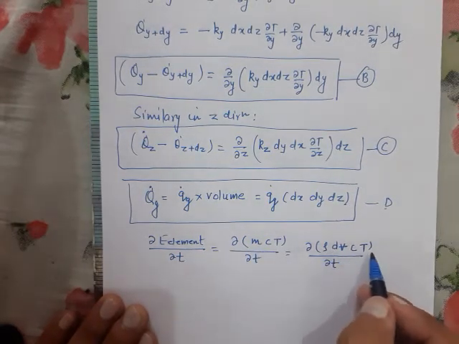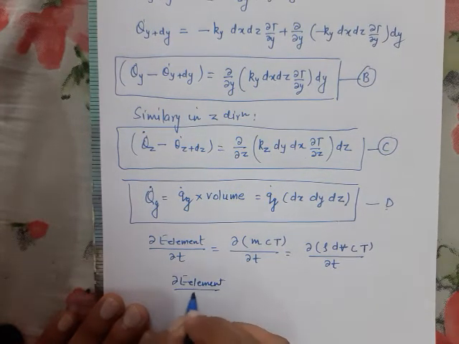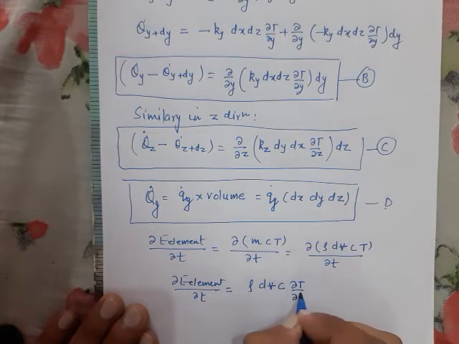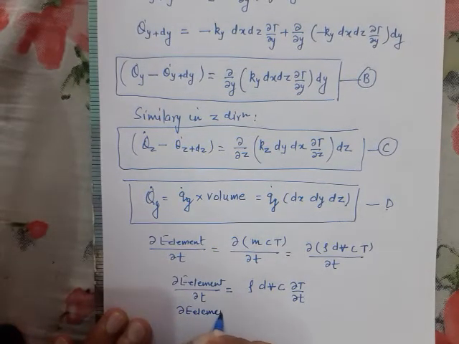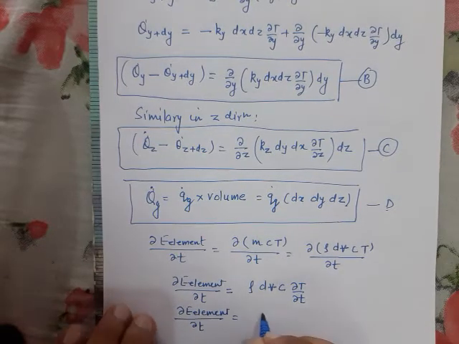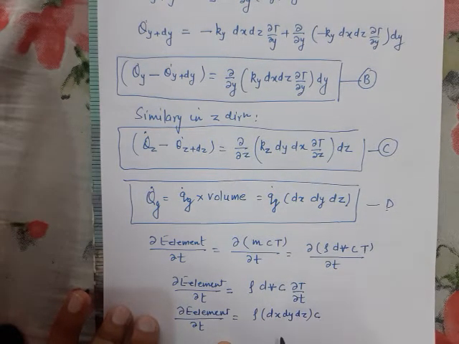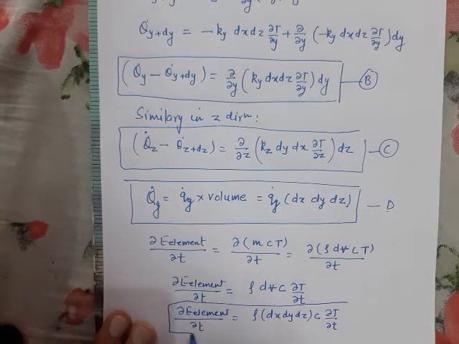So del E of the element upon del t is equal to rho taken out of the integration, dV is constant, and let specific heat capacity also be independent of temperature. Then del E of the element upon del t would be equal to rho dV, where the volume of the element would be dx dy dz, c, and del T upon del t. This is my equation E.